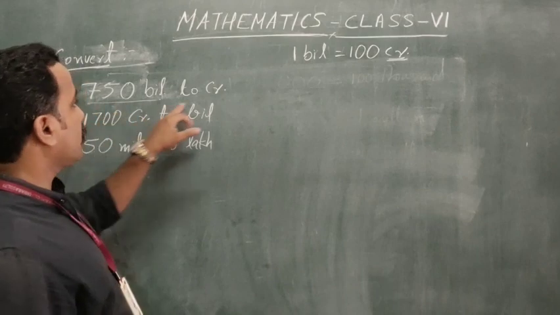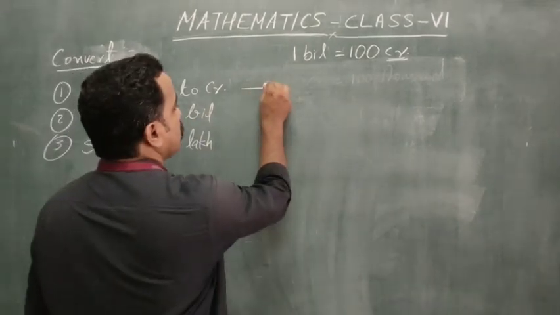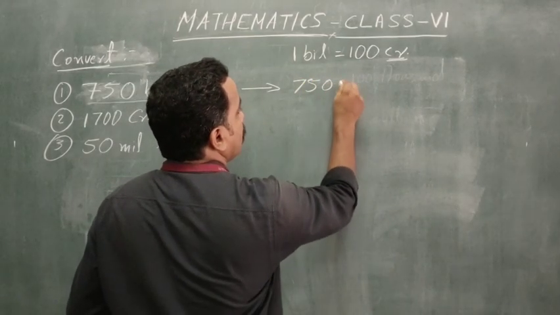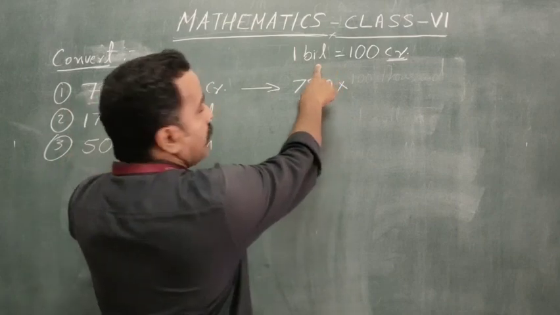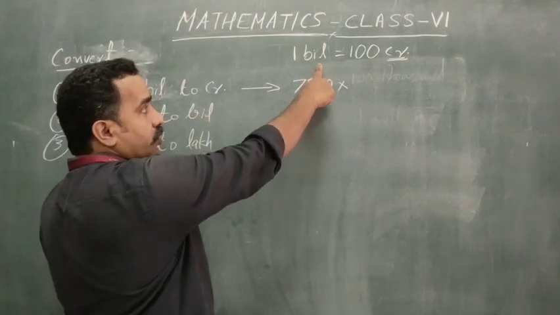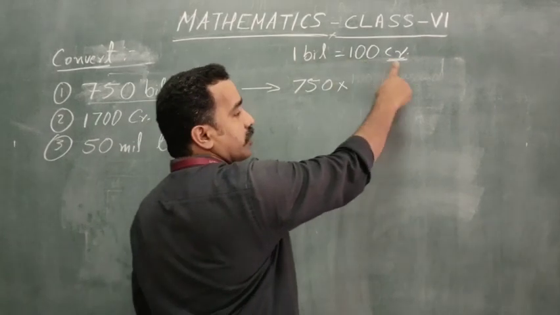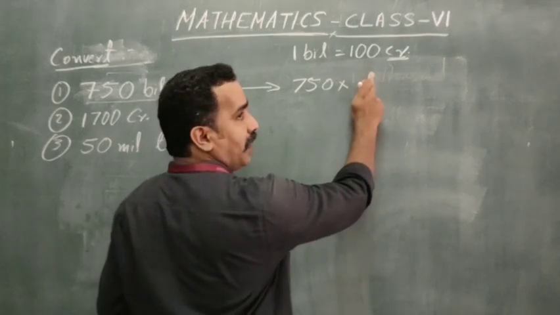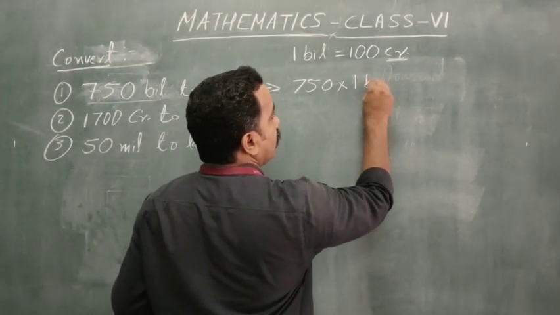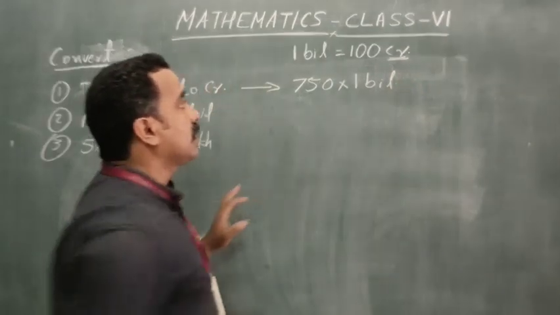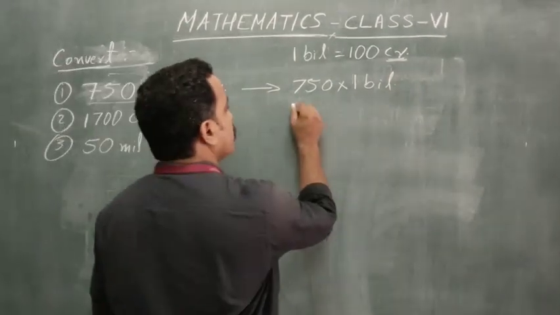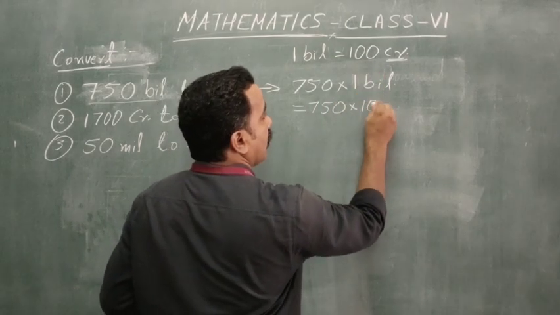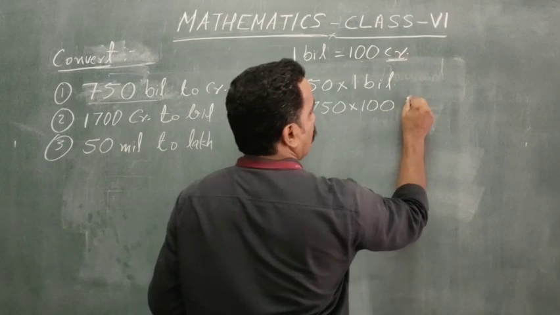So 750 billion to crore: we know that 1 billion is equal to 100 crore. So 750 billion is equal to 750 into 1 billion, that is 750 multiplied by 100, since 1 billion is equal to 100 crore.